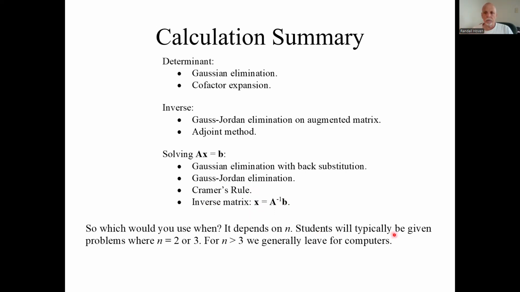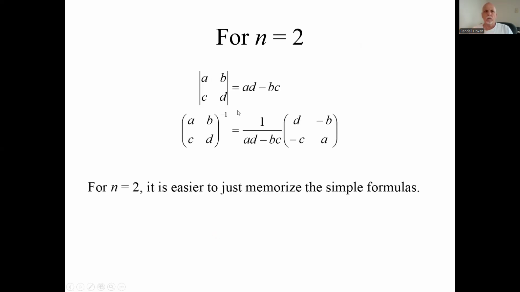Students, you're usually going to be given problems where n is only 2 or 3. In fact, that was almost 100% of the problems I gave my students on either homework or exams. For small sizes, like n equals 2, it's just easier to remember those formulas.